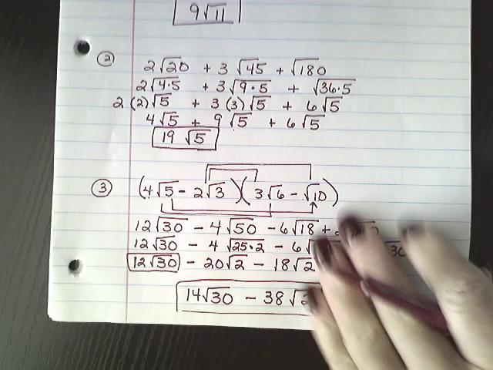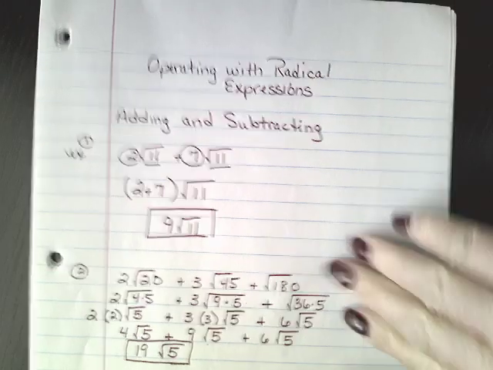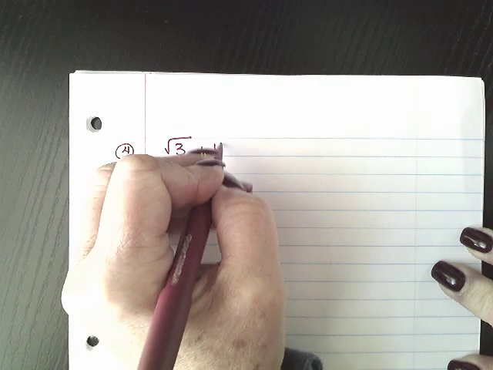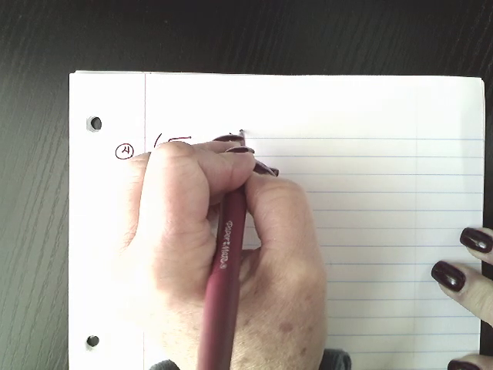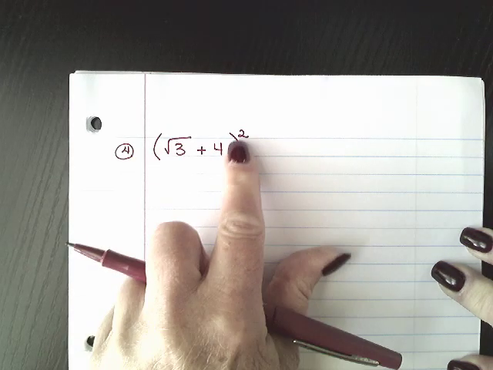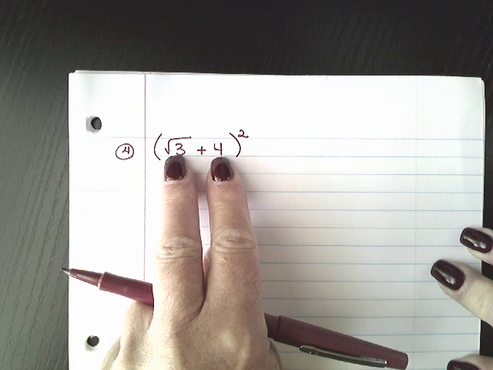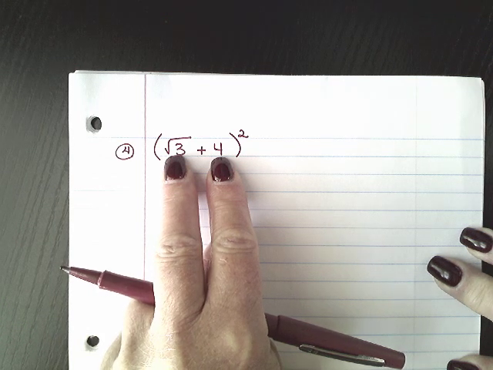All right, one more quick one, because you have one of these and I don't want you to think that you're going to be distributing that square root symbol. This is example 4. If we had the square root of 3 plus 4 raised to the second power, you're not taking that second power and distributing it. The whole expression is raised to the second power.